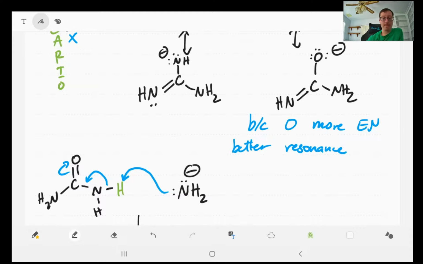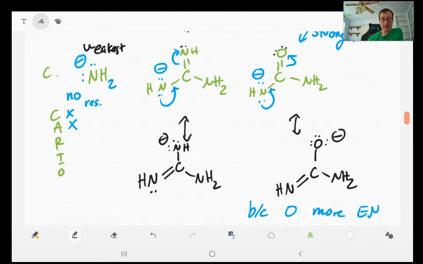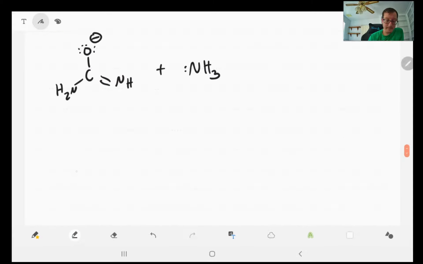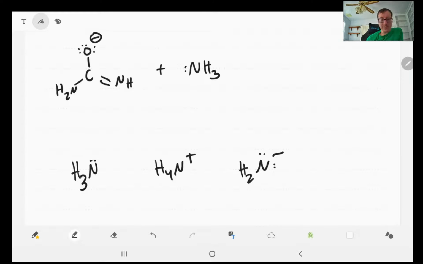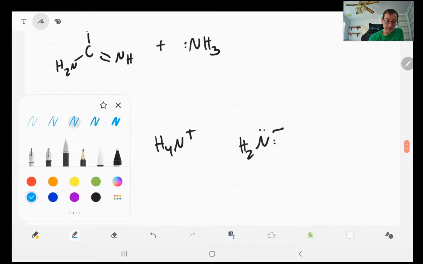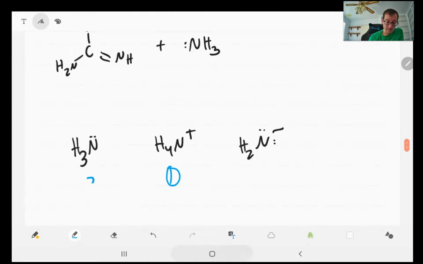For the first part on the cation part, it might be a really easy question, but how do you tell that? All right, here we go. Compare these three. If we're comparing the acid strength of these, which one is most easily able to lose a proton? It should be the plus one, right?